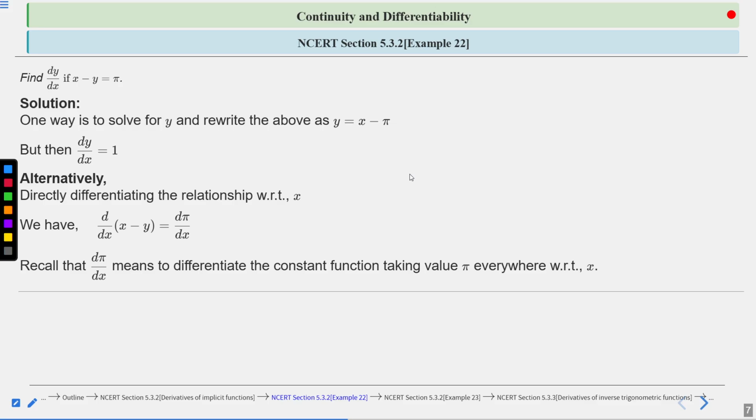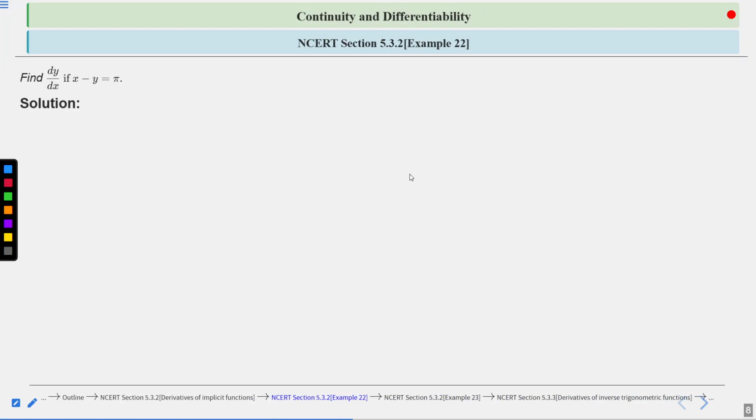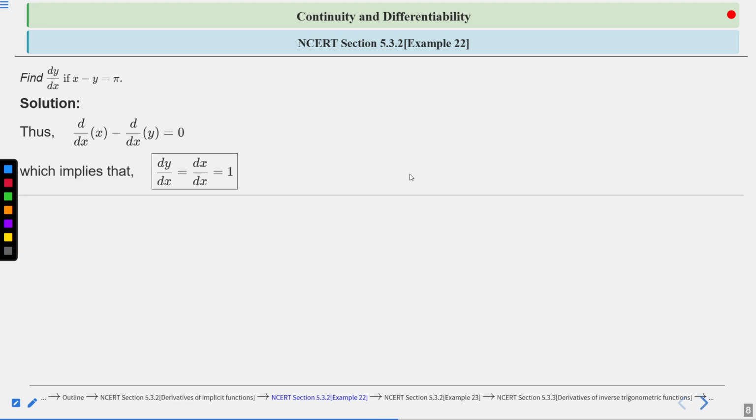So how can we differentiate it now? Thus dx upon dx minus dy upon dx will be equal to 0, which implies that dy upon dx will be equal to dx upon dx, and it will be equal to 1, right? Therefore, dy upon dx will be simply equal to 1, right? Hope it's clear to all.